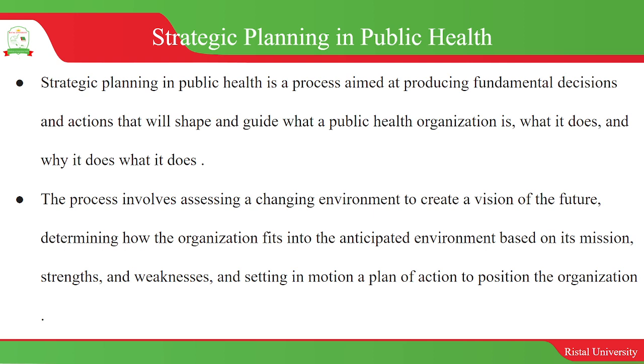That means you first need to understand the environment in which you operate, the dynamics of that environment, both internal and external, and then set a plan of action that can position the organization in such a way that it can achieve its mission.